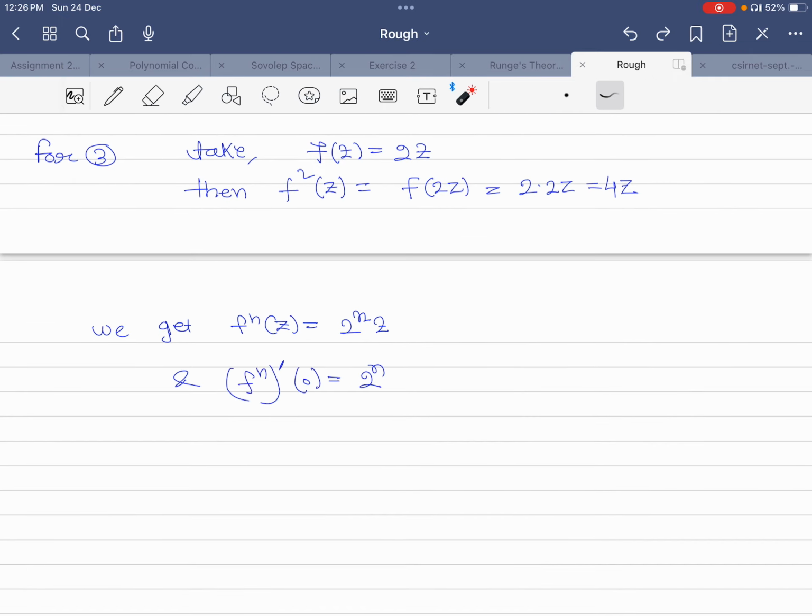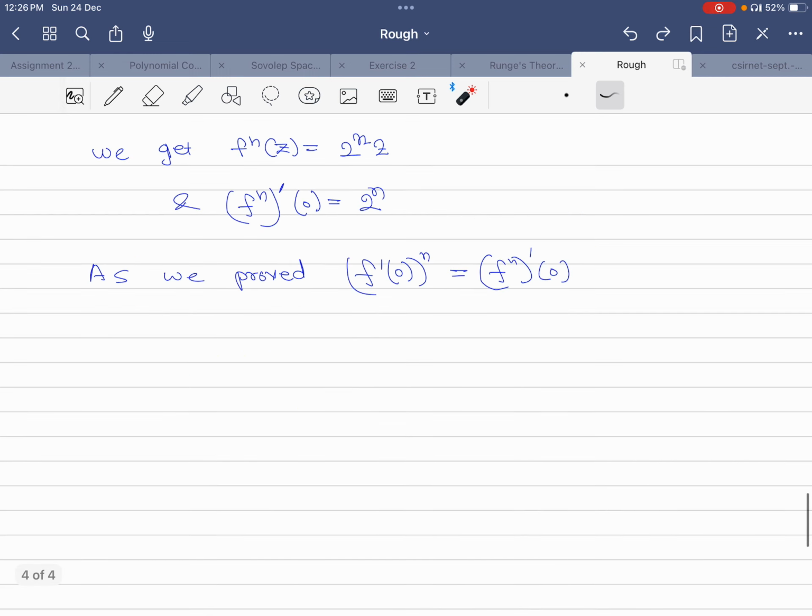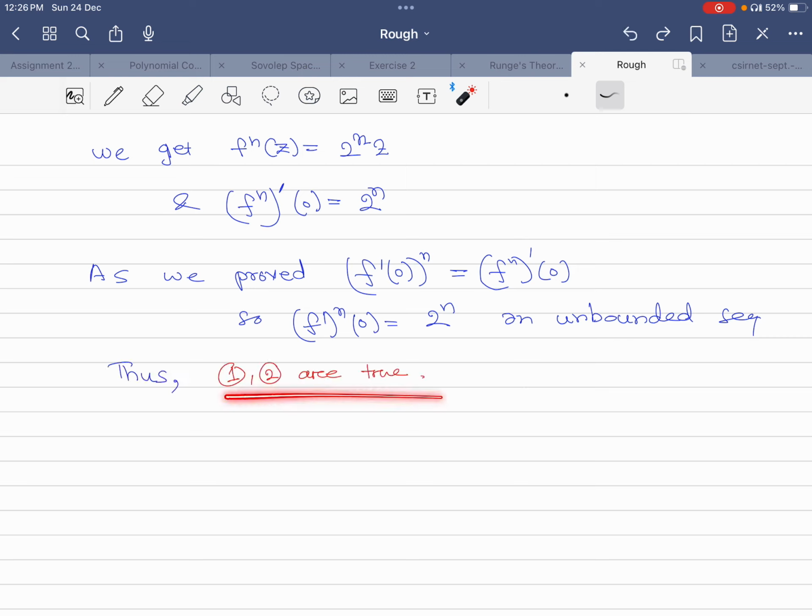So what is f to the power n prime of 0? That is just 2 to the power n. But that is an unbounded sequence. So 1 and 2 are true and 3 is false. Fine.